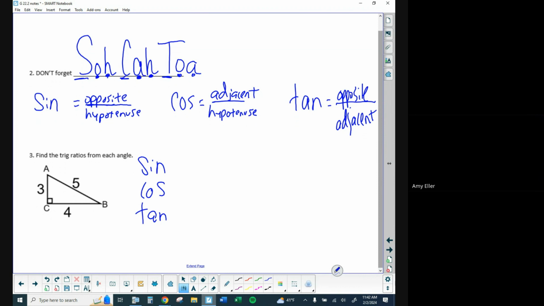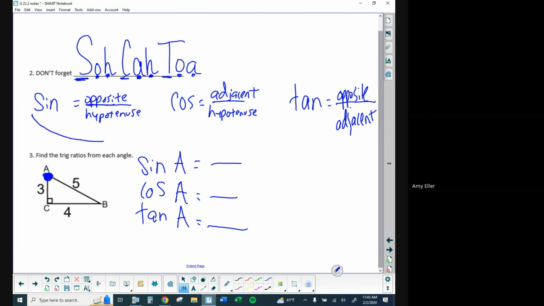And we are going to go from angle A. So we're going to write sine of A, cosine of A, and tan of A. Please put a big dot at A. We will erase it in a minute, but we need it right now. That is our focal point. It's like where we're standing. Here's what we need to do. We need to follow SOHCAHTOA.